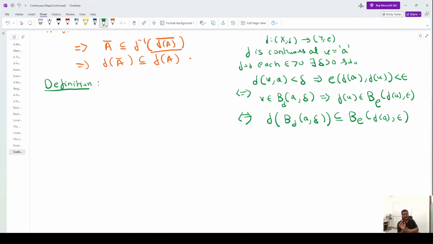In other words, you have an open set around f(a), then there is another open set around a such that the image of that open set is contained in the original open set around f(a) in Y that you have chosen. So that's the precise definition. What is the definition in topological spaces? You can see it is equivalent to this definition in metric space.